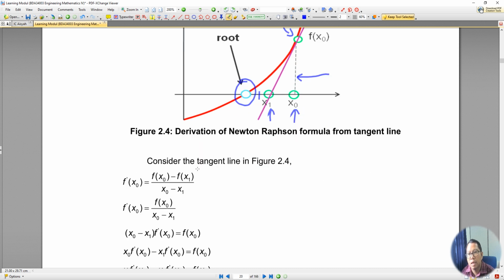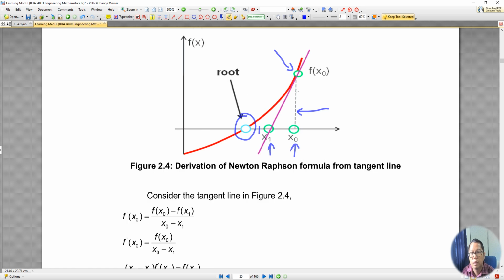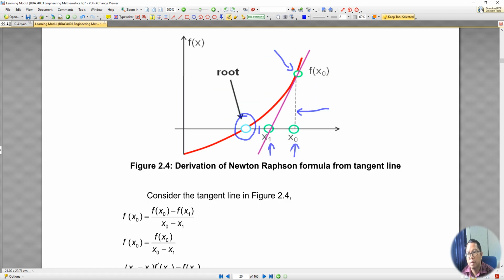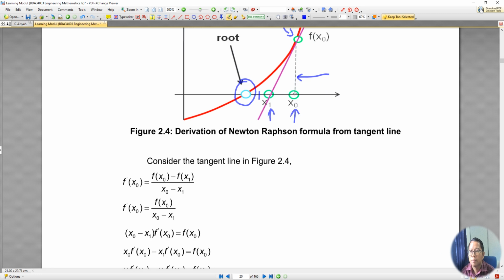By considering the tangent line in figure 2.4, with x1 and x0, we get f prime of x0 equal to f of x0 minus f of x1, divided by x0 minus x1.